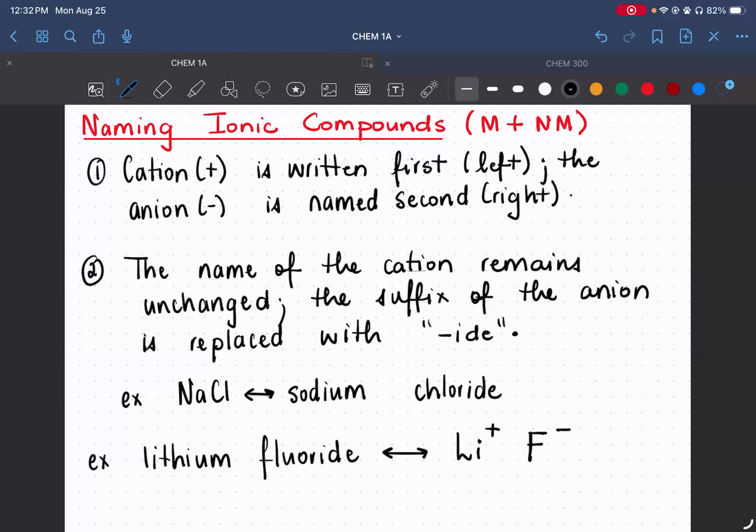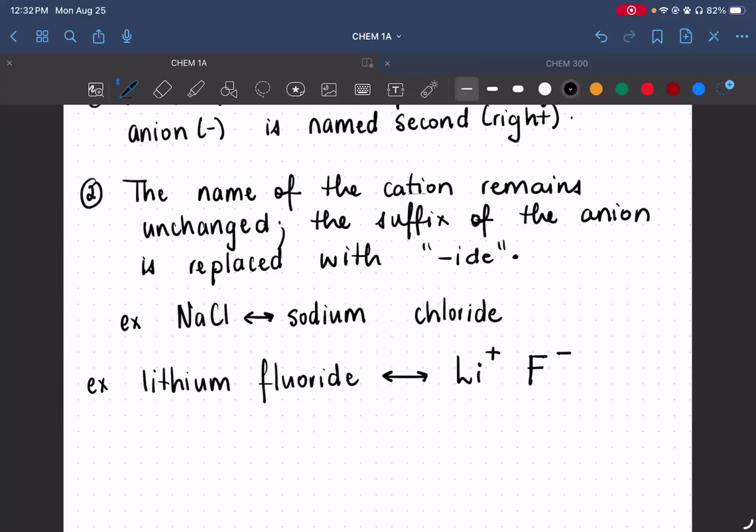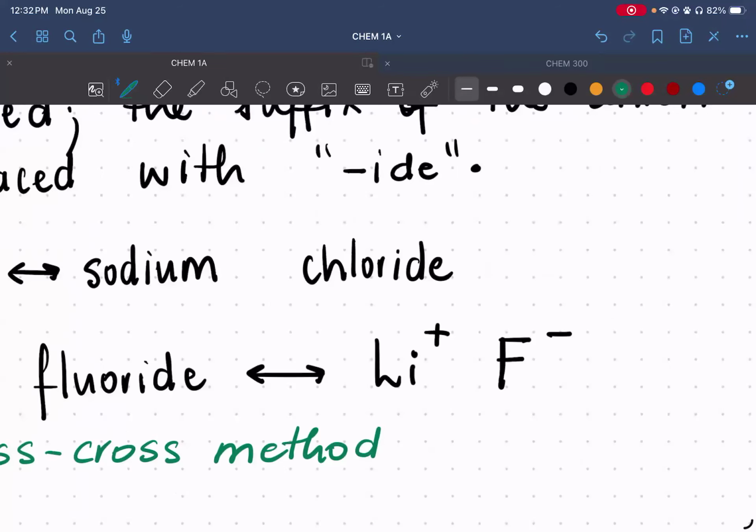But how does this get us to the formula? This is when we evoke something known as the crisscross method. The crisscross method literally involves bringing those numbers, not the charges, the numbers down in a crisscross manner.